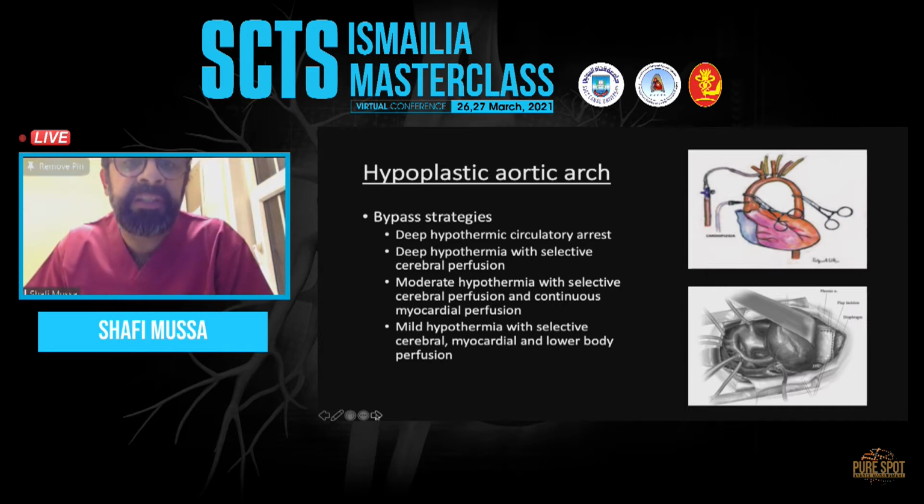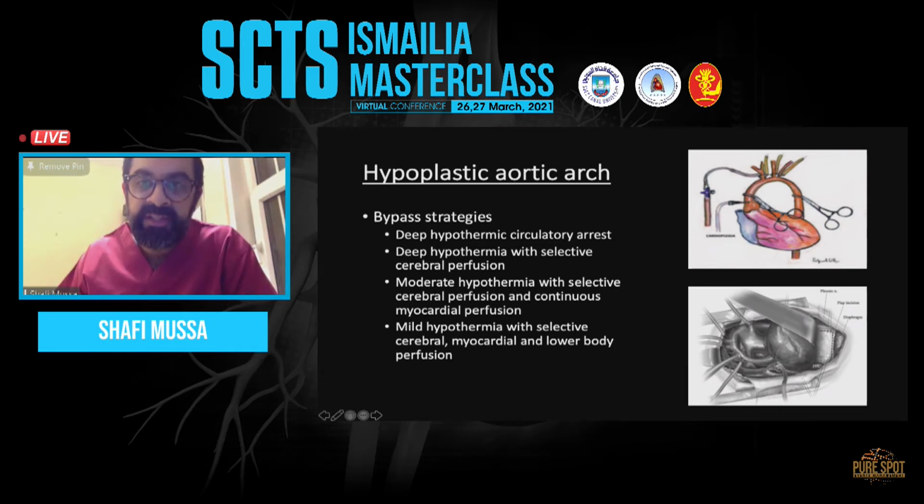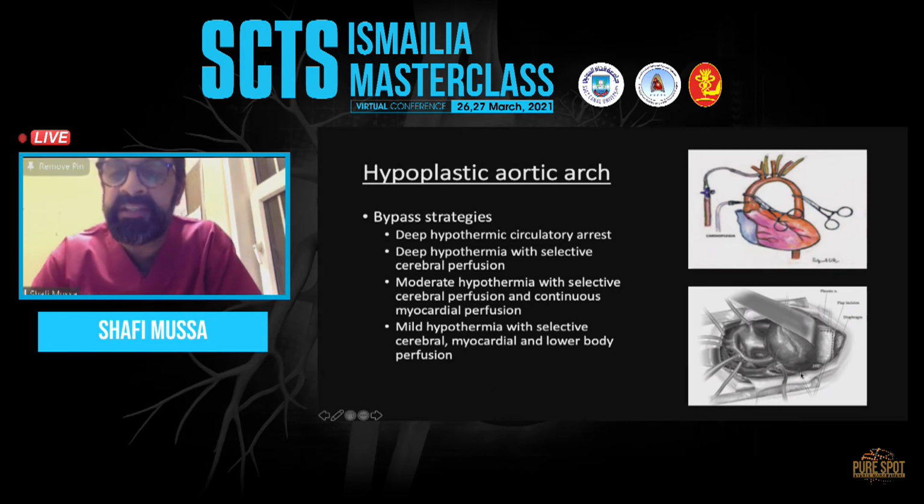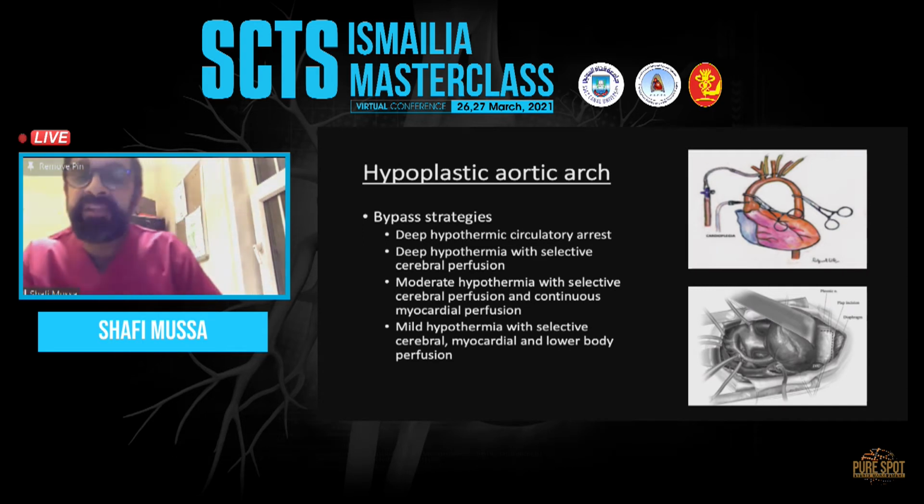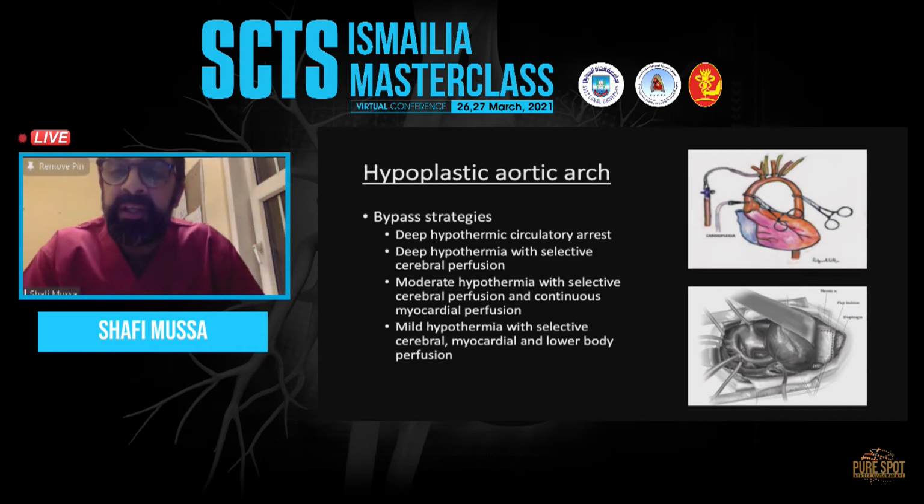And then lastly, there are more and more proponents of lower body perfusion. So the diagram on the right-hand side at the bottom of the screen here shows how one may access the descending thoracic aorta just as it leaves the chest above the diaphragm through the back of the posterior pericardium.